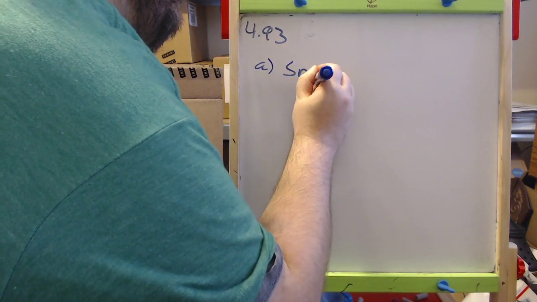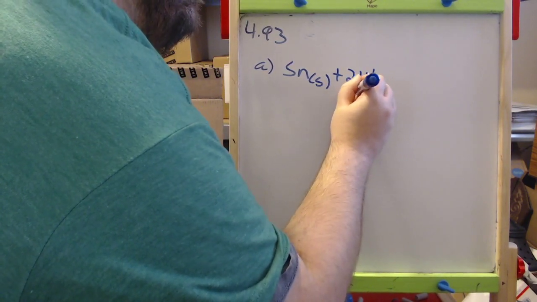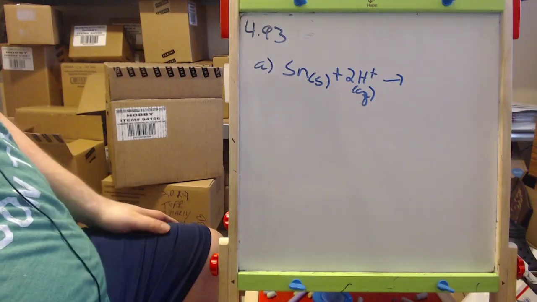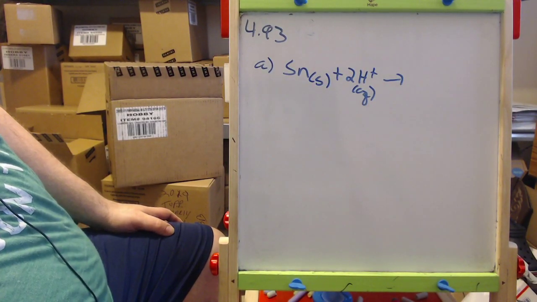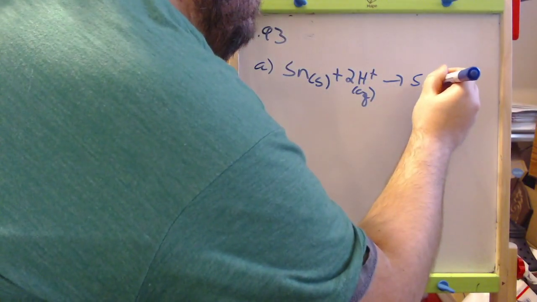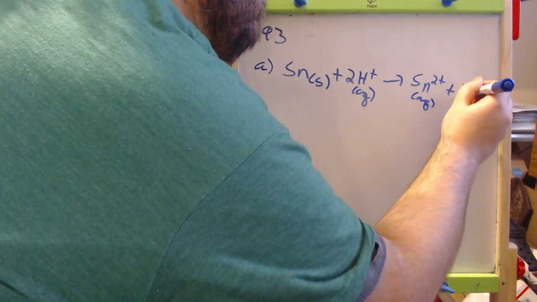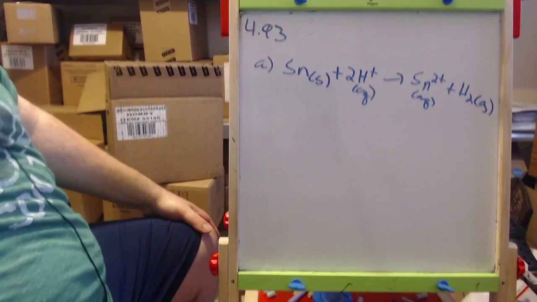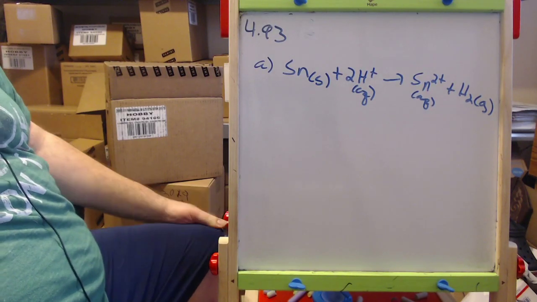Sn solid plus 2H plus aqueous yields Sn2 plus aqueous plus H2 gas. Okay, they want to know what is the oxidizing agent and what is the reducing agent.